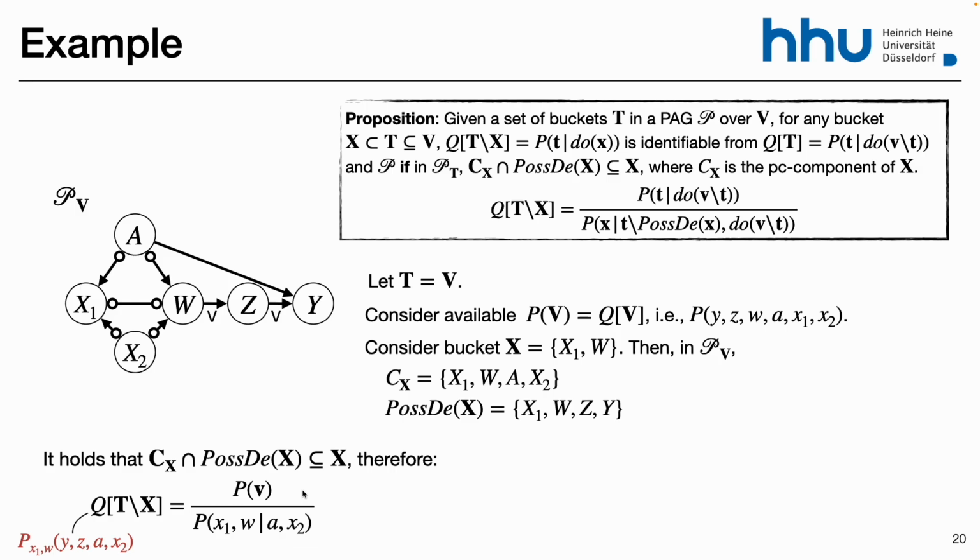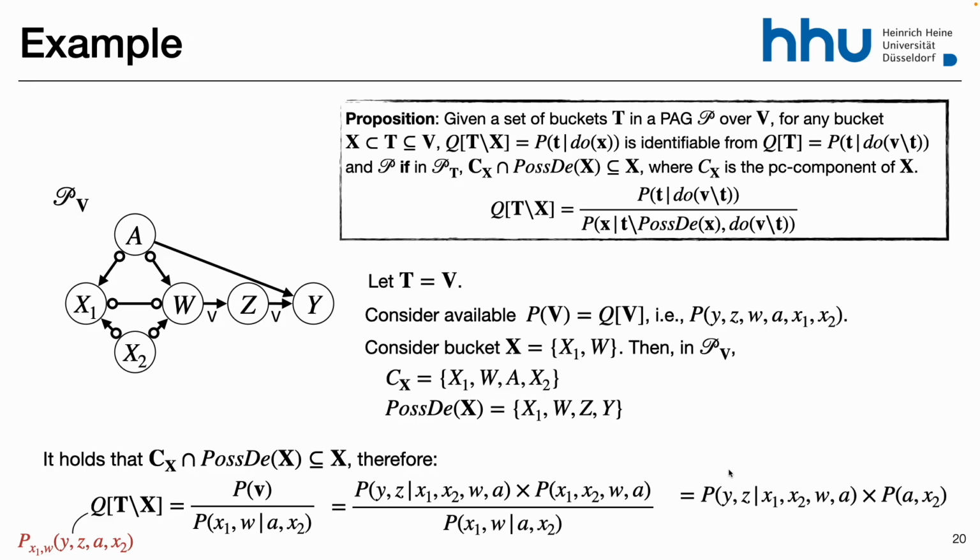And we can kind of simplify this. We have PV, we just open it up here. So I split the joint into two factors, just to simplify. And here you can see that these two factors can cancel. So this is the joint divided by the probability of A and X2. So you simplify by cutting the joint, and in the end this goes up, and then we have this.